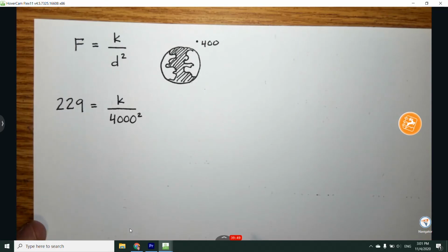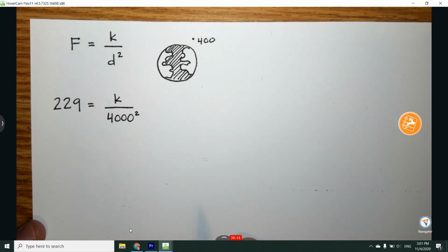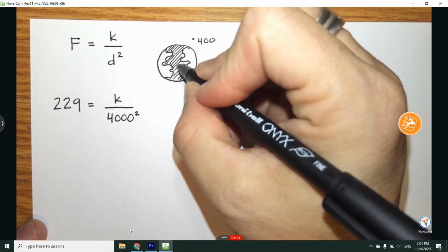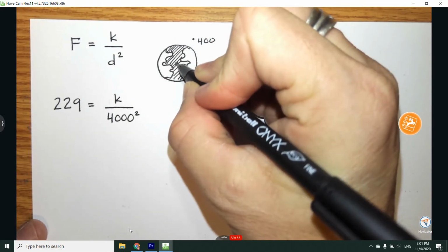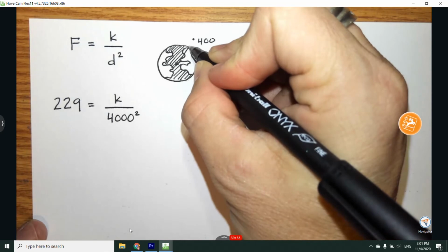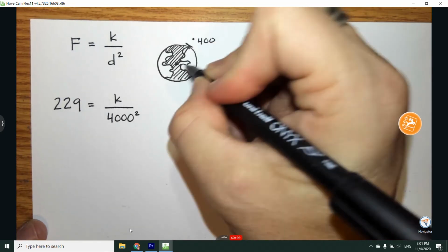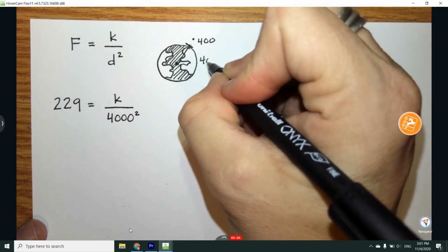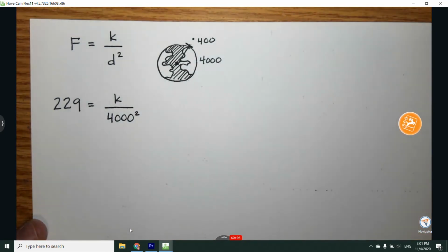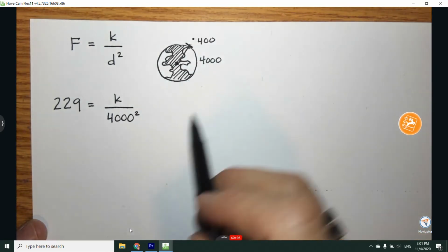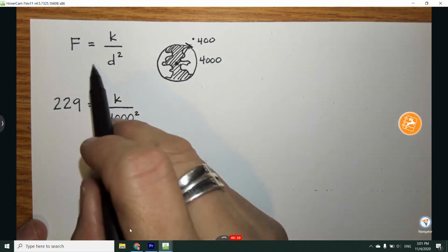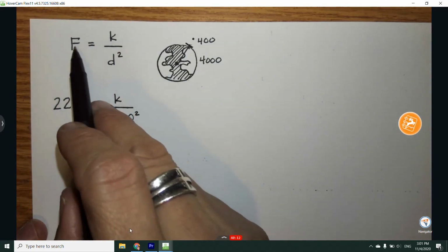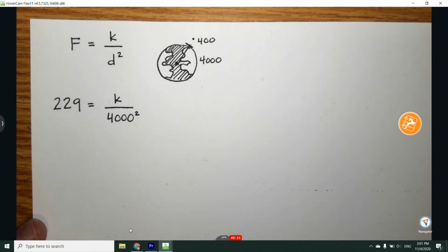Okay, so this is the way we're looking at it here. It says that from the center of the Earth here to the surface, the distance from here to here, that's going to be 4,000 miles, right? And so that's why I've put that as our distance here. The force is measured in pounds, and so we're going to continue to solve this.